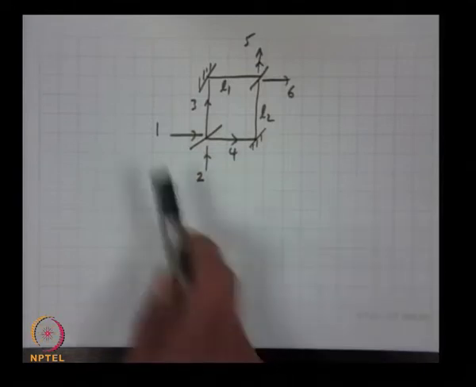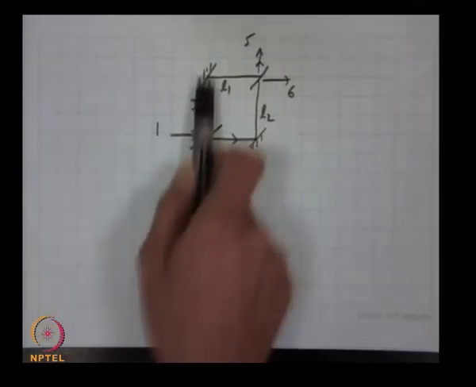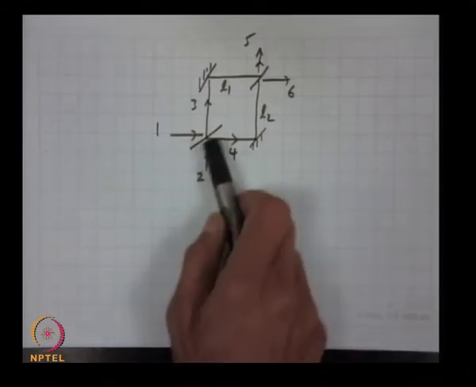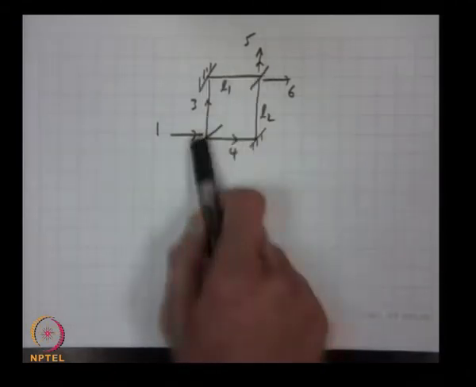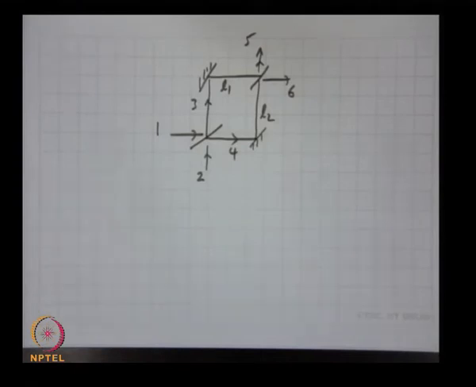So a single photon incident on this beam splitter actually splits into a superposition of these two paths, and then there is interference. And as I mentioned to you, this interference takes place irrespective of the size of this interferometer.